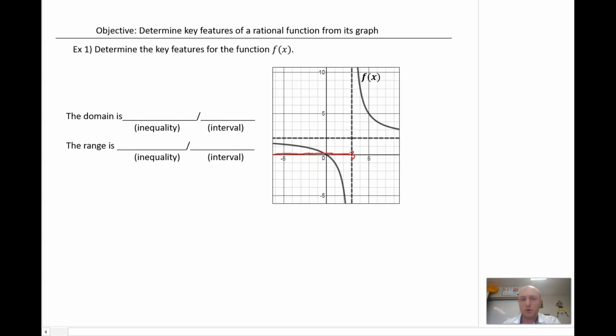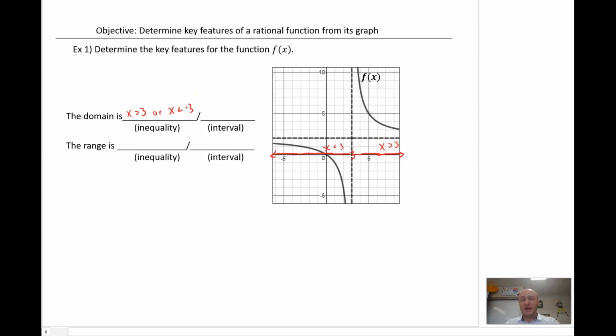And it takes a break here at 3. So this is all of the values, x is less than 3, and then again it picks up after 3, after my vertical asymptote, and continues on this way. So those are all the values, x is greater than 3. So my domain is x is less than 3, or x is greater than 3.